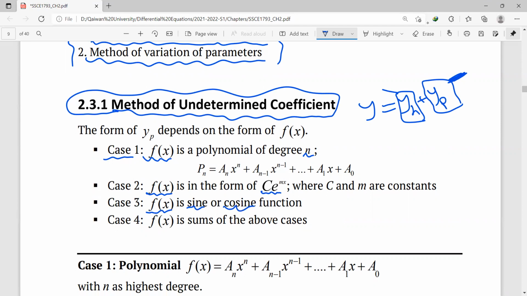The last case is if we have the sum of the above cases, for example sine x plus e to the power 2x. In this case, how do we find the particular solution? That means if we have the sum of two or three of these cases. These are the four cases for finding yp, the particular solution.